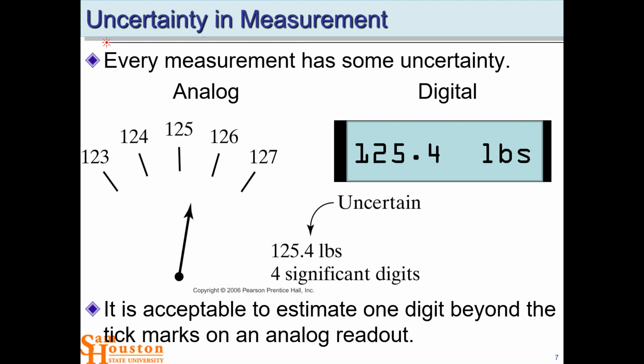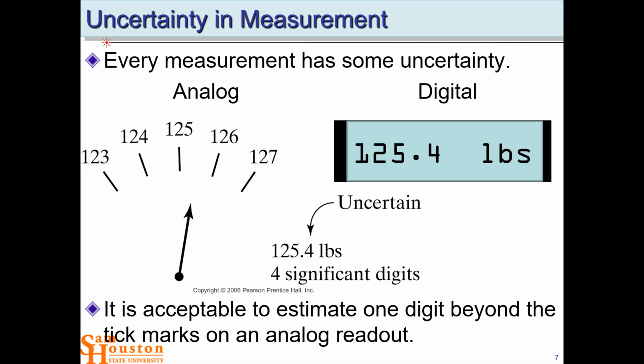The same thing on the balance. You're looking at it, you see the number, it just won't settle down. You could sit there and wait all day long, it's never going to quit. So you're definitely uncertain in that digit. It won't stop changing.